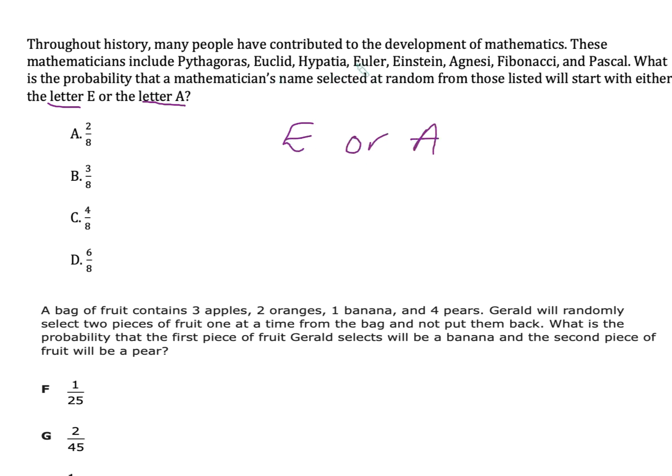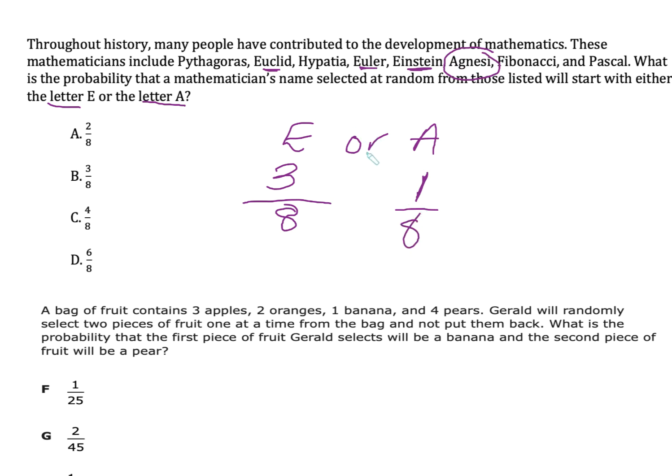Okay, so how many E's do we have? 1, 2, 3. So 3 E's out of a total of 8. So that's 3 out of 8. The probability that a mathematician's name begins with an A, there's only one A, that's Agassi. That's 1 out of 8.